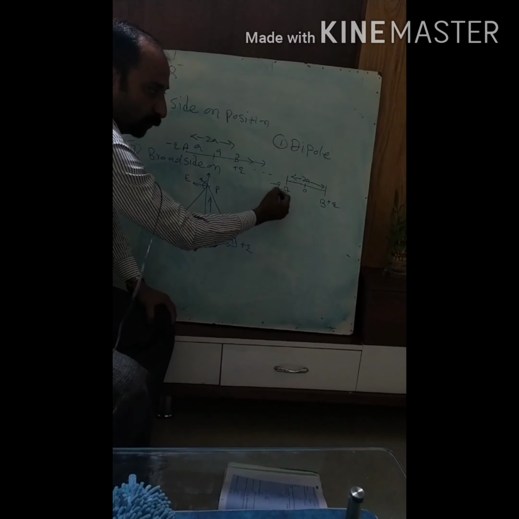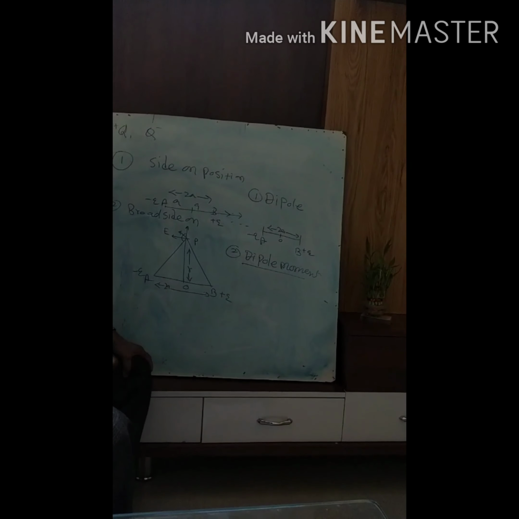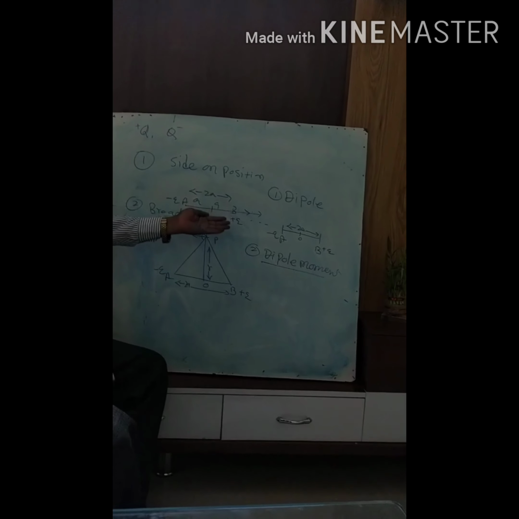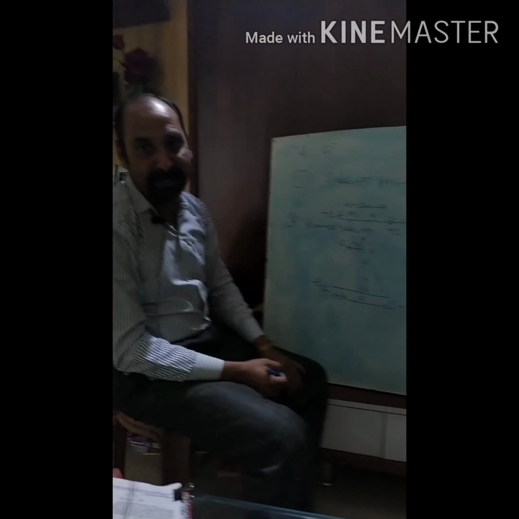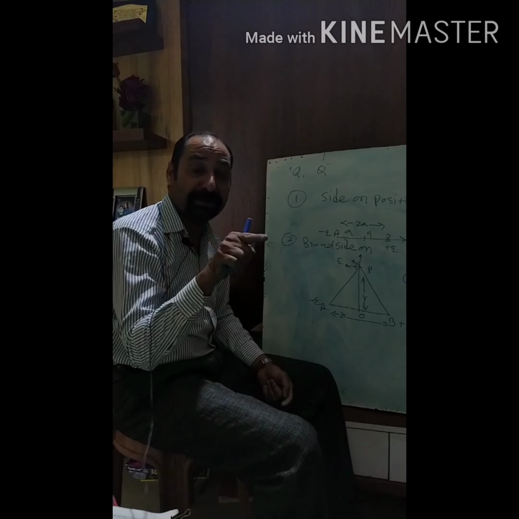And the second one is the dipole moment. The product of charge and the small distance is called the dipole moment. It is represented by P, and it is a vector quantity.